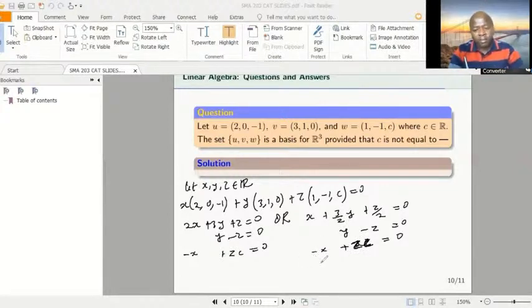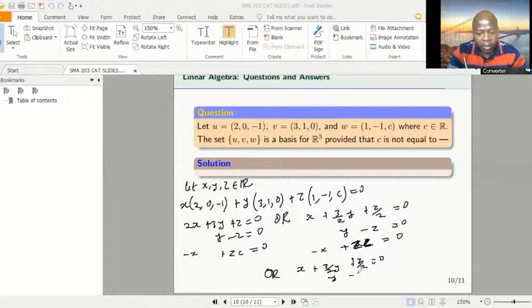Now I want a 0 in this position. So what I will do, the first equation remains the way it is. The second equation remains the way it is. And then add the first equation to the third equation. This will be 0 here. This will be 3 out of 2 y. And this is z out of 2 added to this cz.